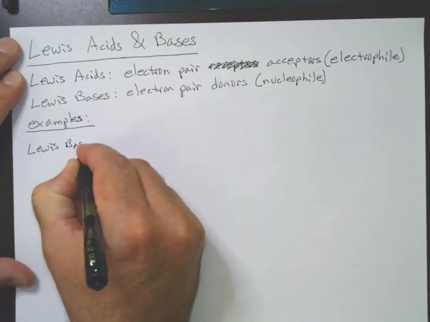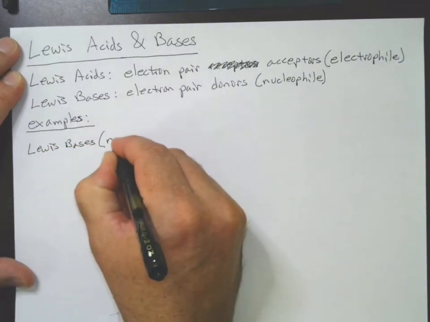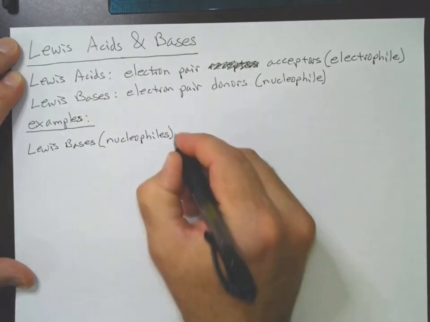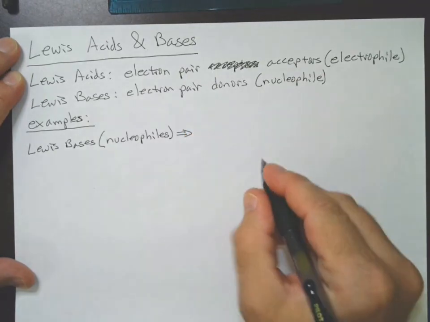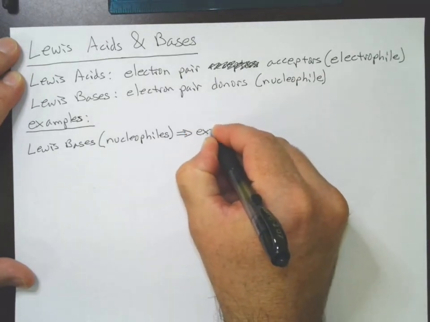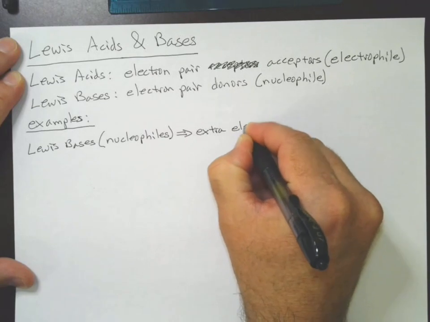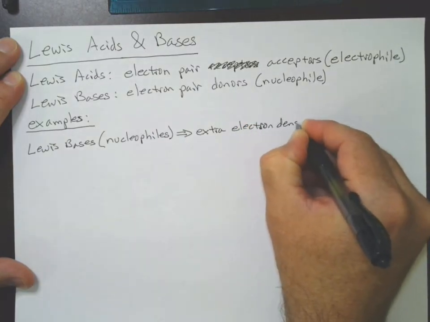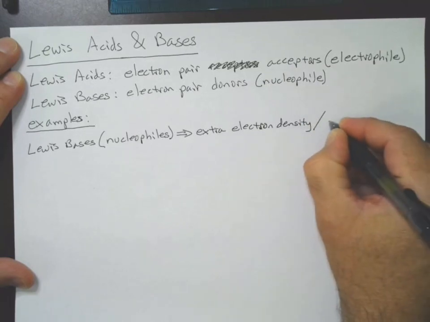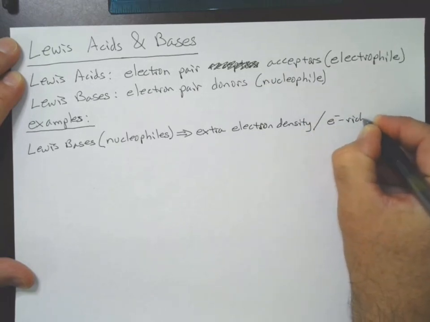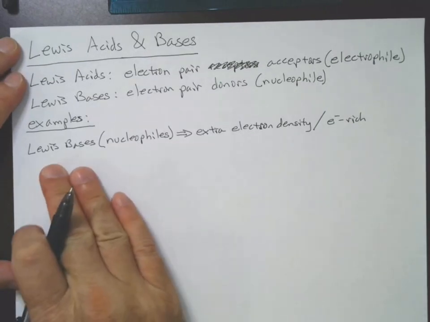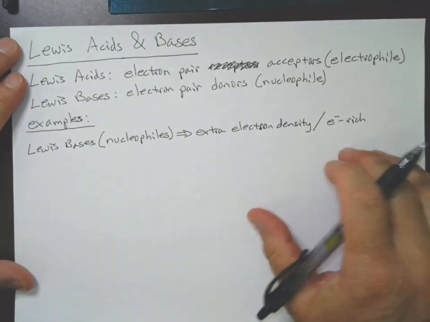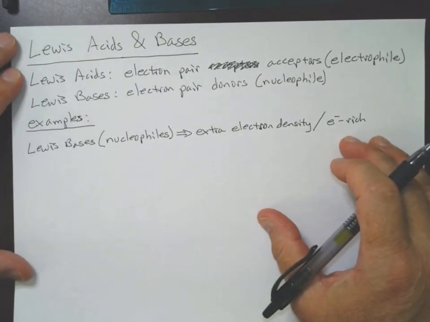So Lewis bases, or nucleophiles, are going to feature extra electron density, or we can say that they are electron rich.